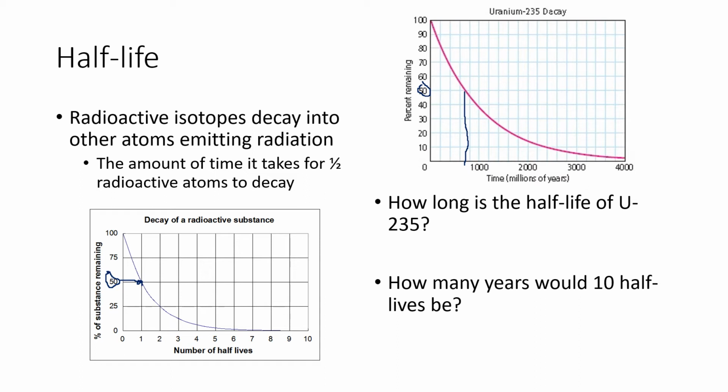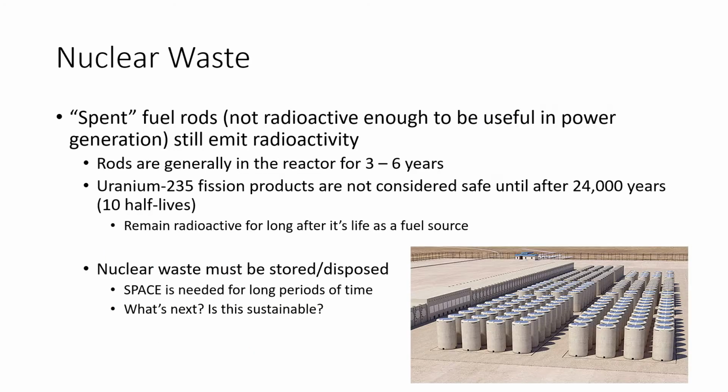But when we talk about radioactive material, we're not really talking about uranium-235. The products of fission have shorter half-lives, but still not very short. So our nuclear waste, the spent fuel rods, when there isn't enough radioactive material to be used in that power generation, they're still emitting radioactivity.